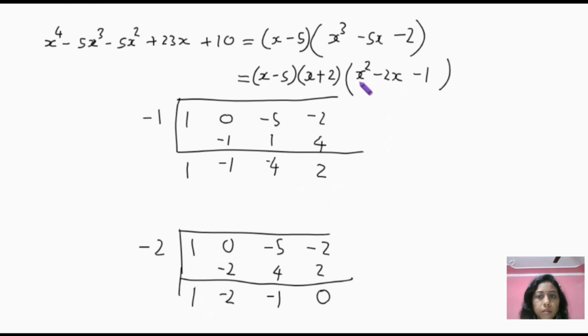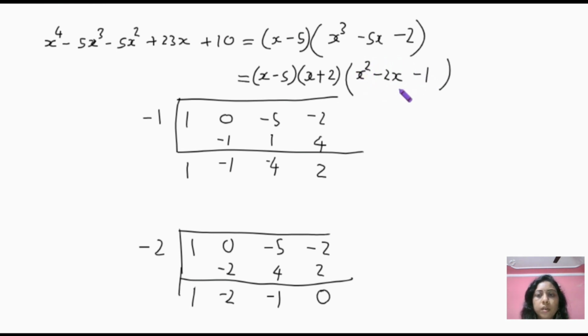The x square coefficient is 1, the x coefficient is minus 2, and this is the constant term. Okay, now because this is quadratic, we can easily solve it by the quadratic formula.